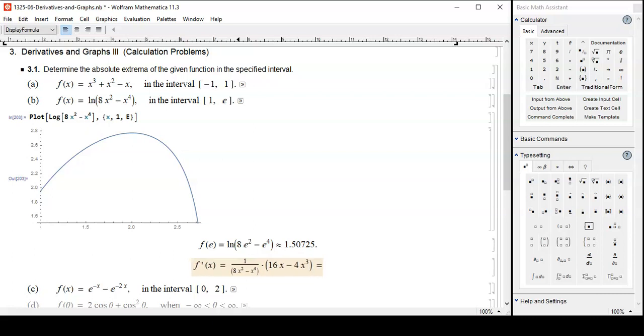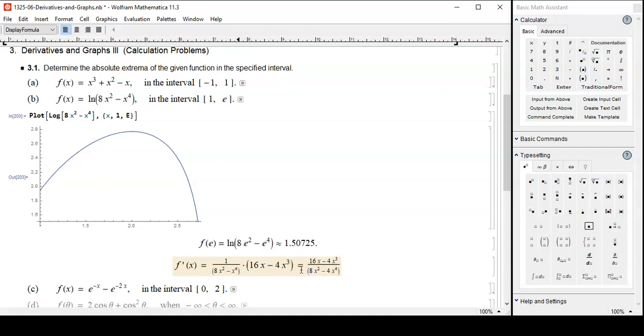And let's do one more simplification before that. 16x minus 4x cubed over this, 8x squared minus x to the 4th power, and then setting this one equal to 0.